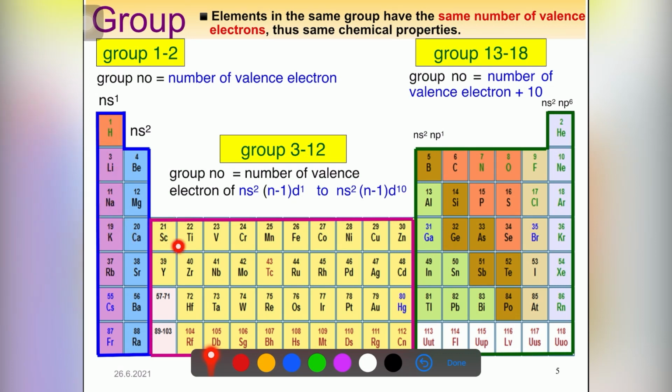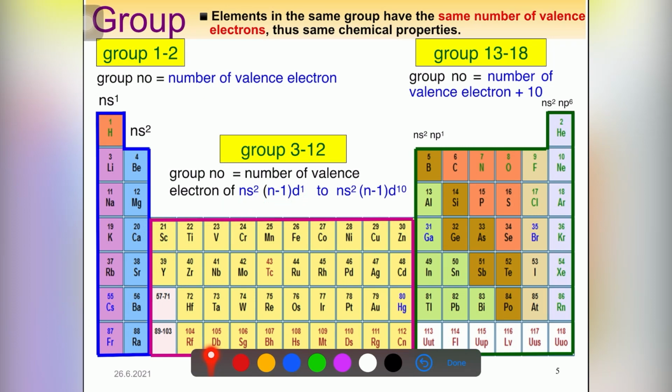So the highest n is 4, and orbital d is 4 minus 1, 3d. The electronic configuration for the valence electron is 4s2 3d1. There are 2 valence electrons in orbital s and one in orbital d, so the total valence electron is 3. That's why scandium is in group 3.